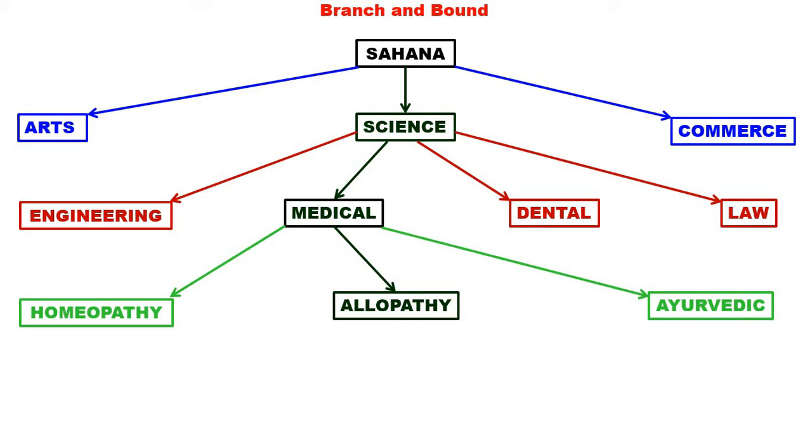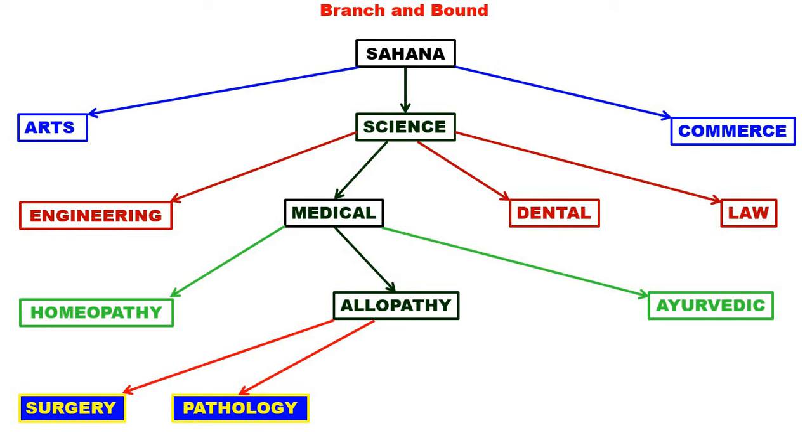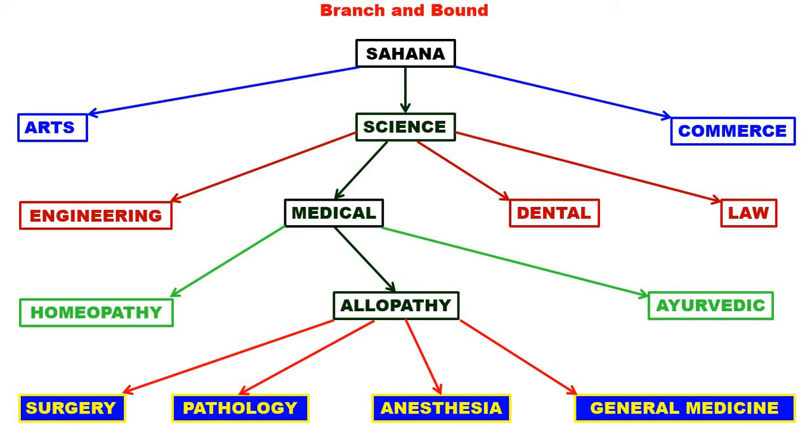Now again she has different branches: surgery, pathology, anesthesia, general medicine, meaning post graduation in medical. She has to bound to one of these. So let us see which she will bound to. Yes, she has decided to bound to general medicine.